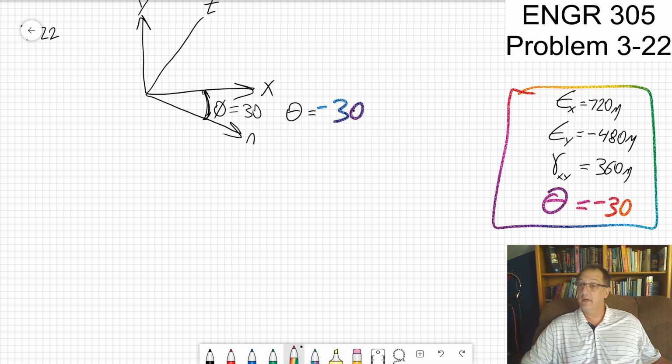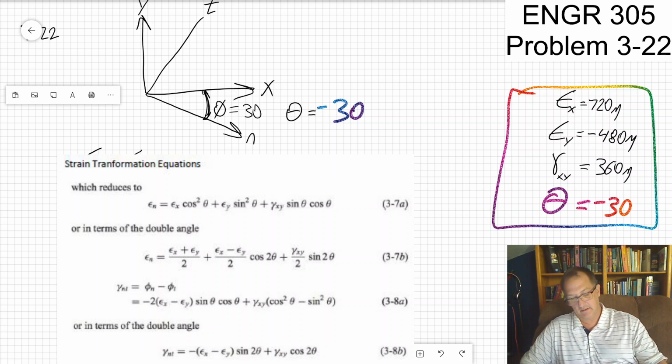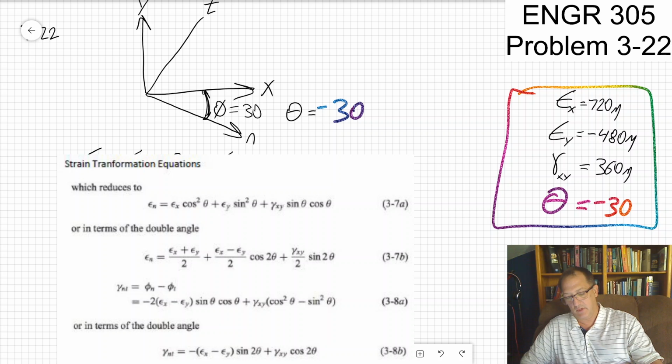Do we have governing equations? Yeah, absolutely we do. There they are. The strain in the N direction is equal to epsilon X times cosine squared theta, plus strain in the Y times sine squared theta, plus the shear strain times sine theta cosine theta.